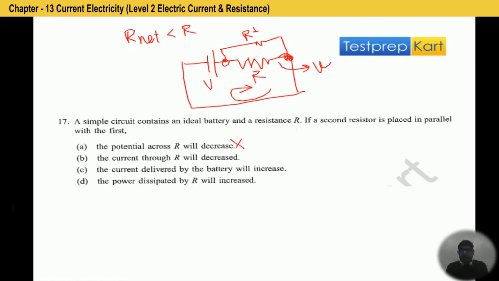And if the total resistance of the circuit is decreasing, then the net current must increase and be greater than the previous one. So this option is also wrong.